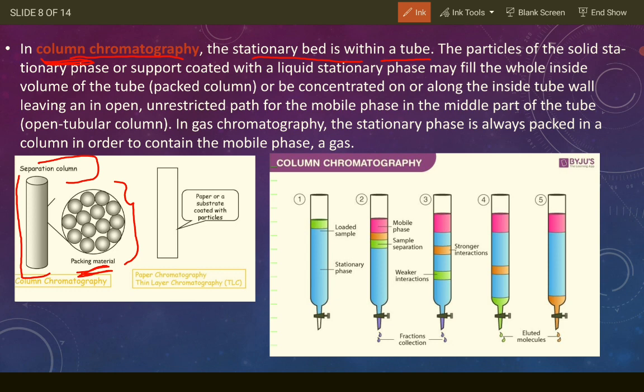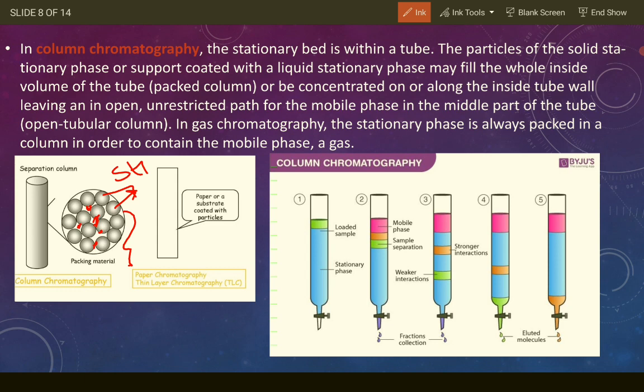It has a packed column, with the packing concentrated inside the tube wall, leaving an open unrestricted path for the mobile phase in the middle part of the tube. So it is a packed column and the mobile phase moves through these spaces, while these molecules are the stationary phase, and the mobile phase moves through these gaps.